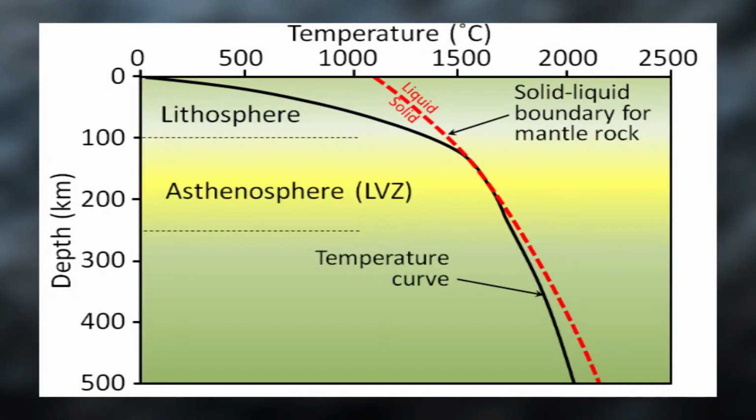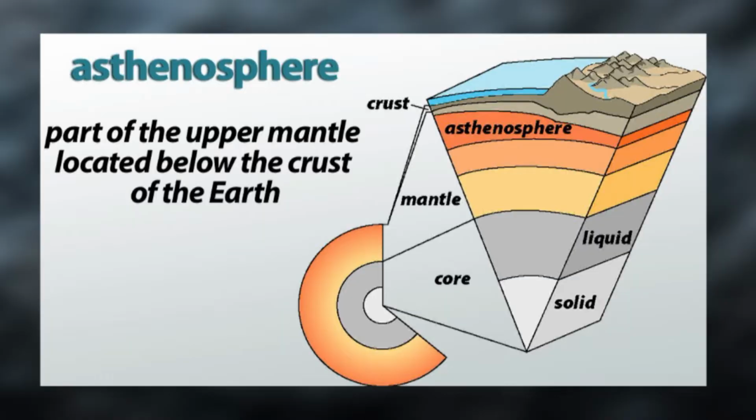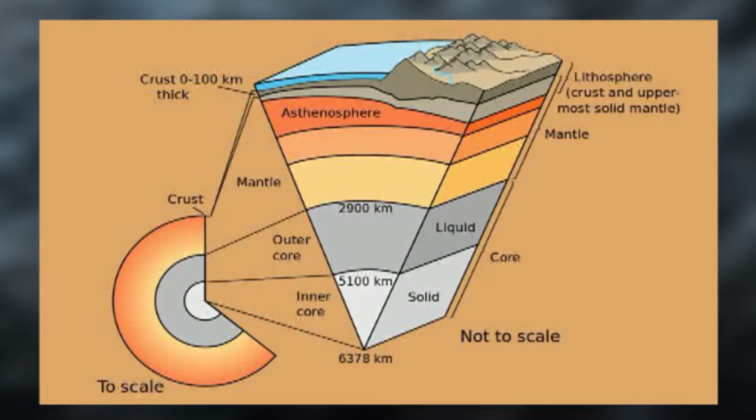It is known that melt of basaltic composition is generated in the low velocity zone, also called asthenosphere, which is nearly 70 km under the oceanic crust and nearly 180 km under the continental crust.